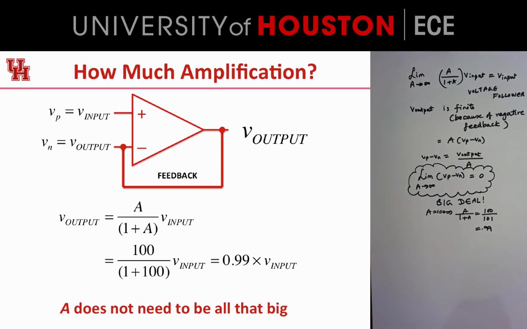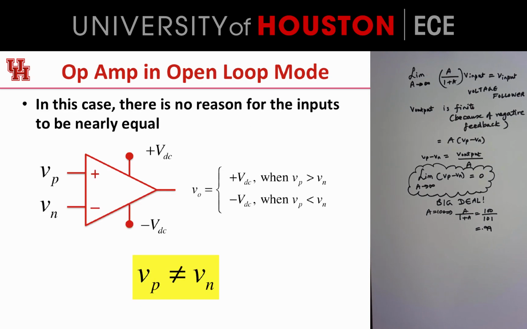It's pretty decent already. So A doesn't have to be humongous in order to be high enough. Even something like 100 or a few hundred or 1,000 or 100,000, all these values are pretty reasonable and usable for our purposes.